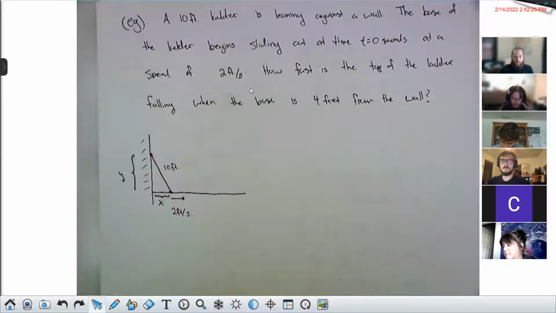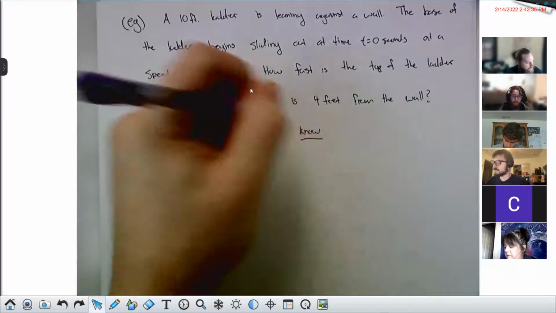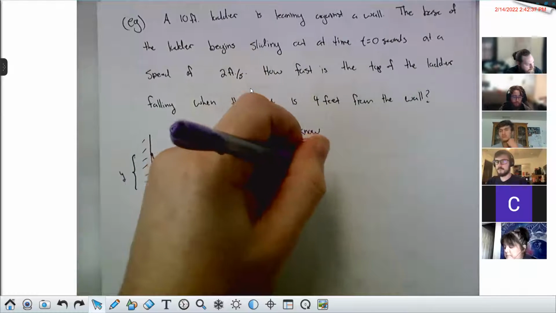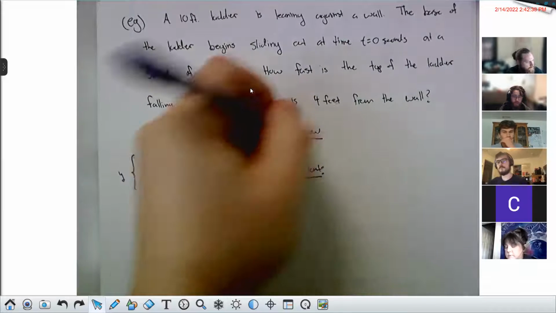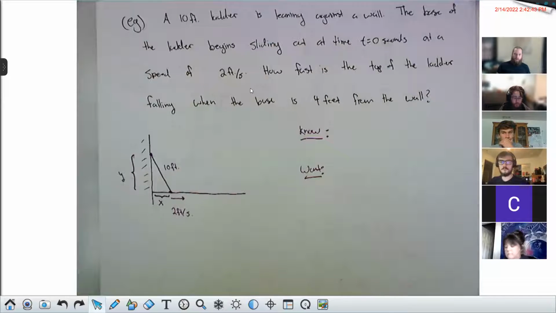And now we're at that stage where we want to write down the things we know and the things we want. And we want to do that in terms of derivatives. So what are those? What information from the problem can I write down as a derivative of y or a derivative of x in a known quantity? x equals 4 feet.